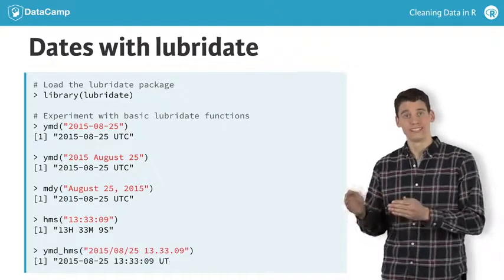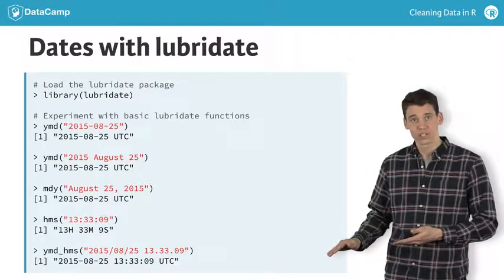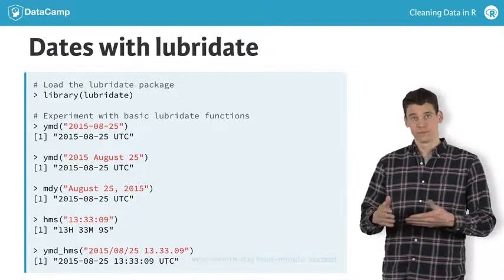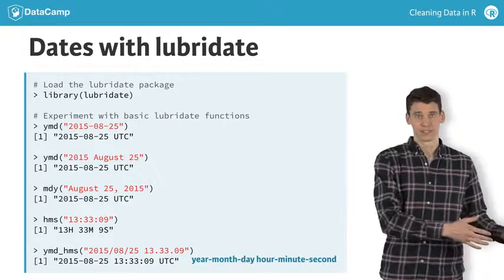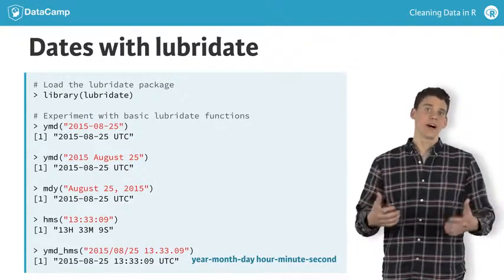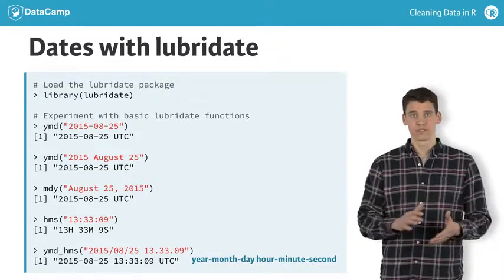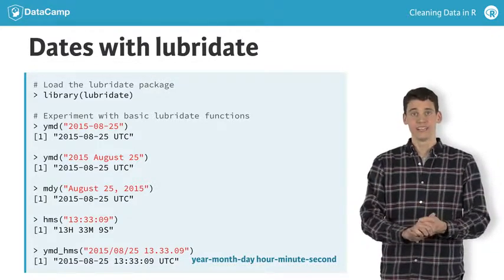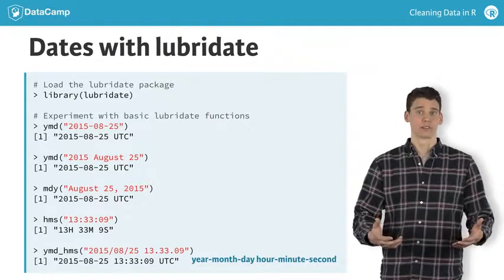Finally, we parse a date-time using the ymd_hms function, which stands for, you guessed it, year, month, day, hour, minute, second. The common theme among all of these functions is that their names represent the format of the date or date-time input that they are designed to parse.